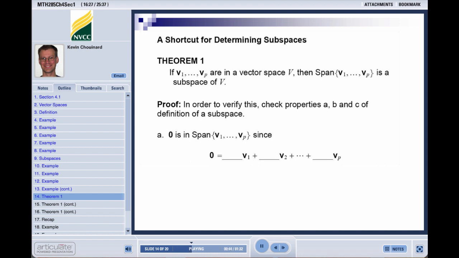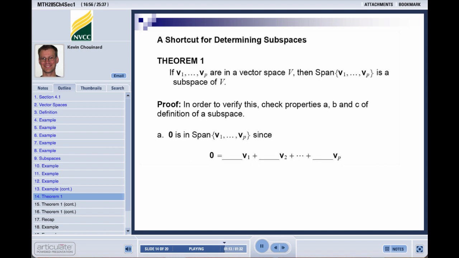To show that it's a subspace, we're going to have to show that the three properties of subspaces hold. We have to show that we have the zero element belonging plus the two closure properties. So first of all, does the zero element belong? And the answer is yes. The way to show that the zero vector is in the span is to just take a zero multiple of each of the vectors v1 through vp.